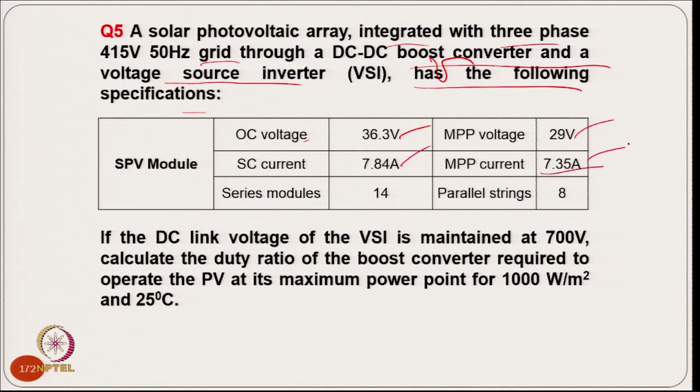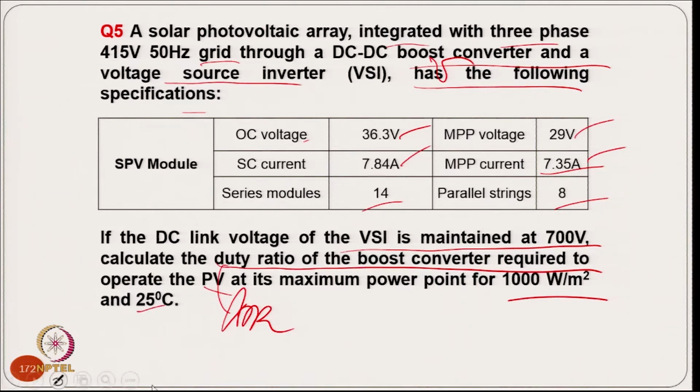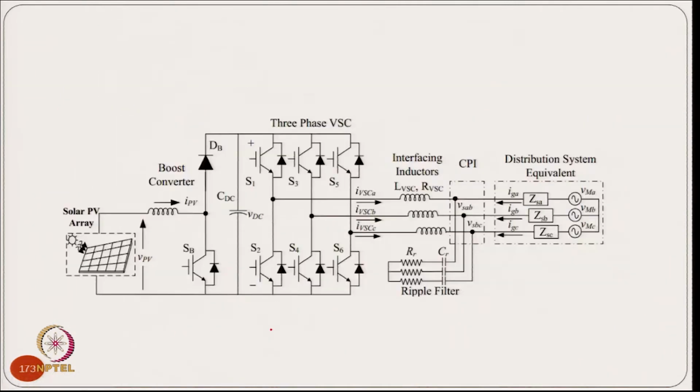The MPPT current is 7.35 ampere, with 14 series modules and 8 parallel strings. If the DC link voltage of the VSI is maintained at 700 volt, calculate the duty ratio of the boost converter required to operate the PV array at the maximum power point of 1000 watt per meter square at 25 degree Celsius.